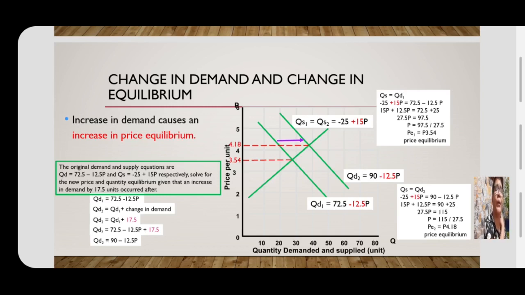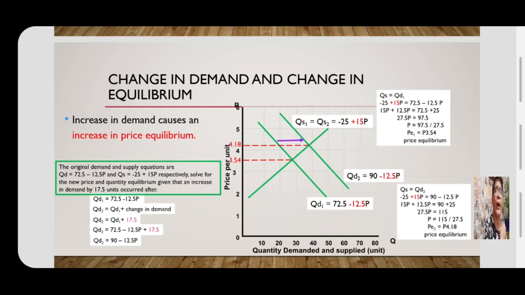Simplifying, we now have 27.5P is equal to 97.5. The 97.5 is just the sum of 72.5 plus 25, and the 27.5P is simply the sum of 15P and 12.5P.